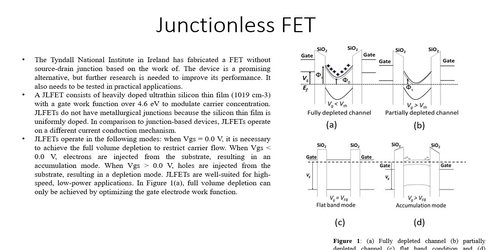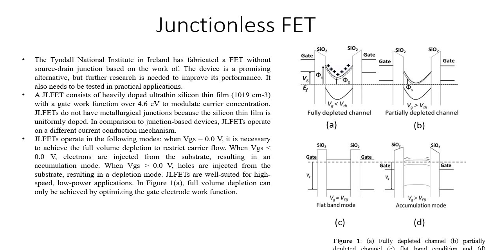A junctionless FET consists of heavily doped ultra-thin silicon film which has the doping concentration of 10 raised to power 19 centimeter per cube with the gate work function of 4.6, which modulates the carrier concentration present in the silicon nanowire. Junctionless FET does not have the metallurgical junctions because the silicon thin film is uniformly doped.